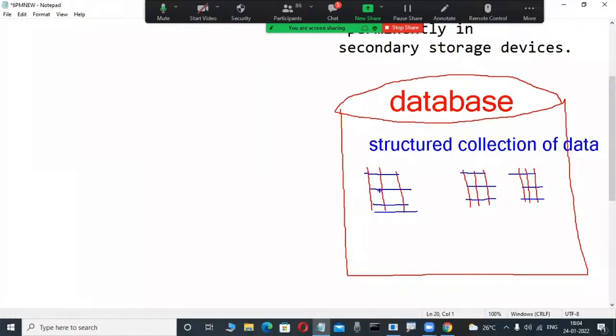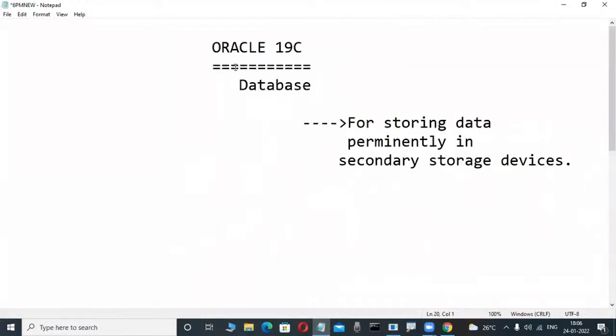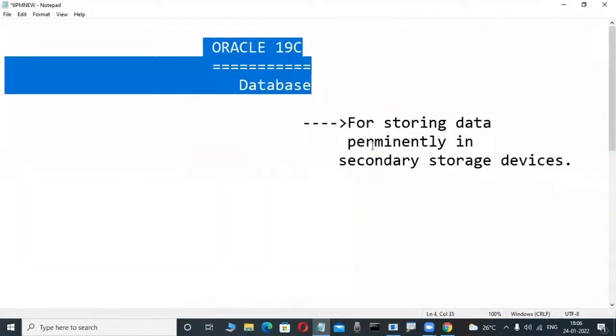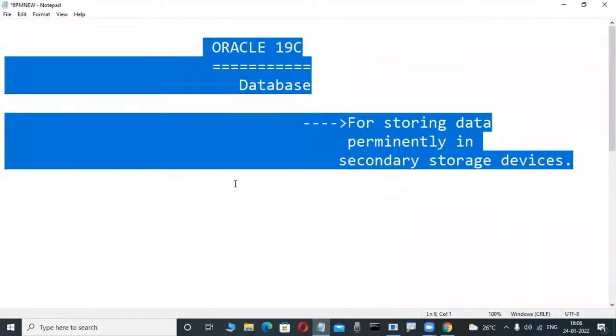Once a structured collection of data is there, for handling and operating this data, which language do we use? Very good. SQL, structured query language. That's why these types of databases are implemented based on the relational data model. What is that today? I will tell you.